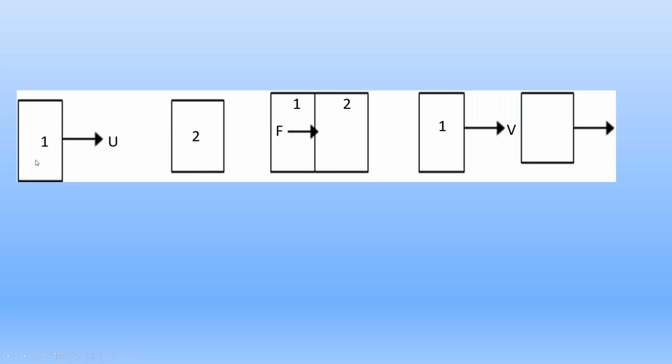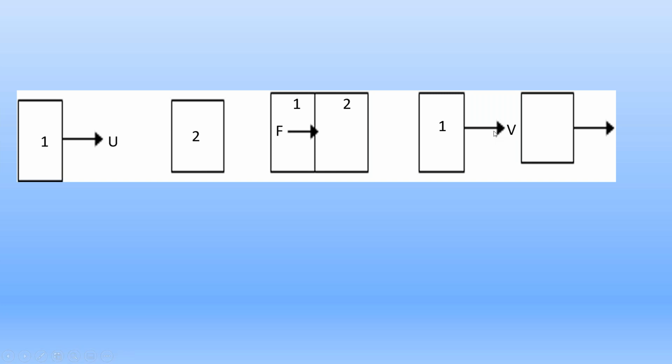Take m as the mass of this first body. So the linear momentum of this first body, that is called initial linear momentum, is mass into velocity, m into u. That initial linear momentum is in the direction of velocity u. Since velocity u is horizontal, the initial linear momentum is also horizontal.